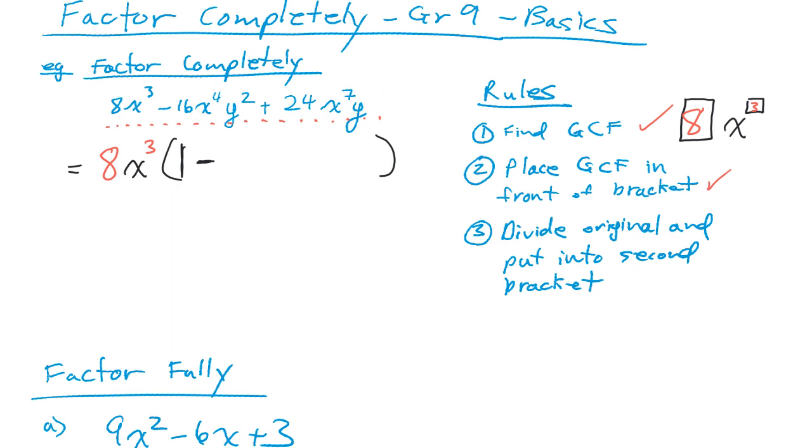So now we're going to take 16 and divide it by 8. 16 divided by 8 gives us 2. And we have x to the 4 divided by x to the 3. The key is to look at the exponents. So we say, okay, there are 4 x's and there are 3 x's, right?